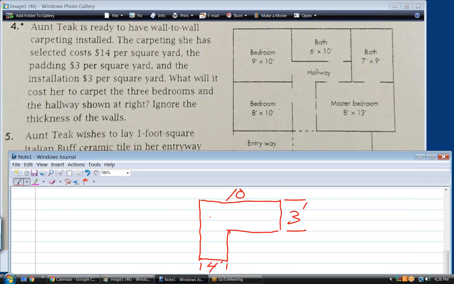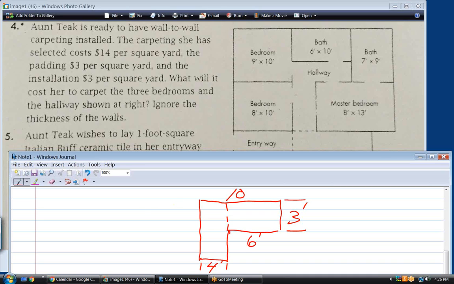Now, to figure out the area of that hallway, let's draw an imaginary line. Oops, we need one more distance. No, we don't. That's 6 feet right there. Let's see. We do.